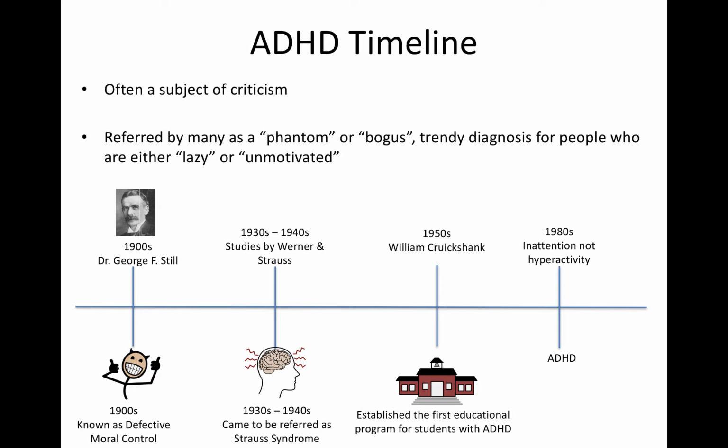And then finally, in the 1980s, they found that not all students with attention challenges had hyperactivity. And so that is where the two different diagnoses came into place: ADD, attention deficit disorder, and ADHD, attention deficit hyperactivity disorder. They really wanted to make that very clear.